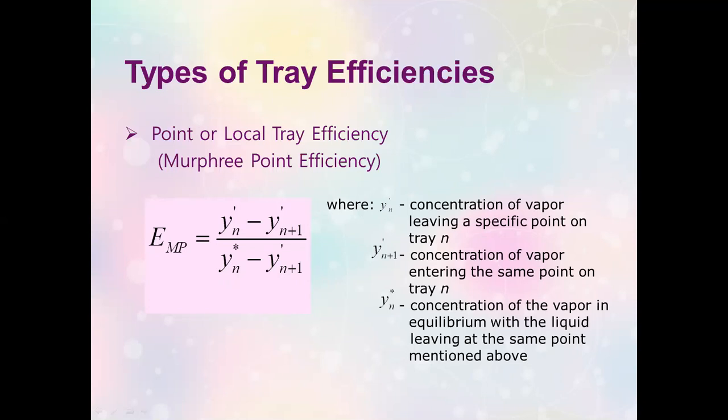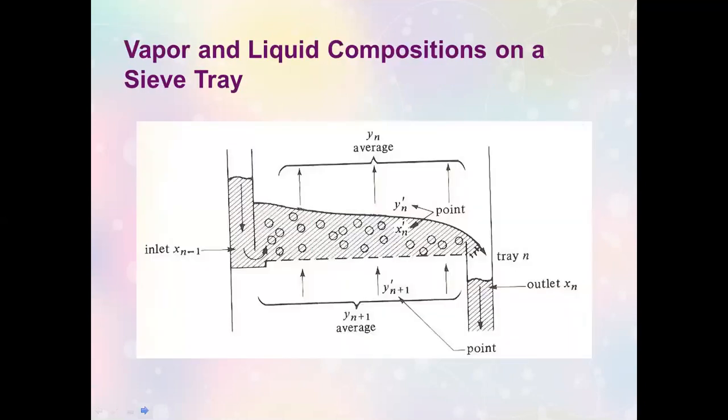Okay, so we have three ways of expressing the efficiency of our column. And of the three, of course, this is the most accurate, I'm referring to the Murphree point efficiency. But this is least used, seldom used. We use often, or we encounter most of the time, the Murphree tray efficiency. Now, on a pictorial representation of the y's and the y prime, so this is your y sub n average.